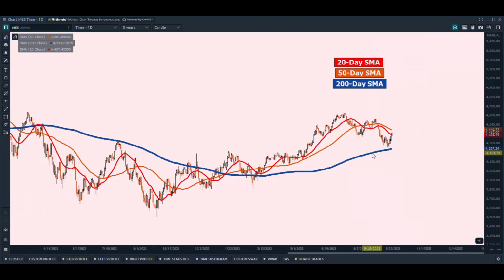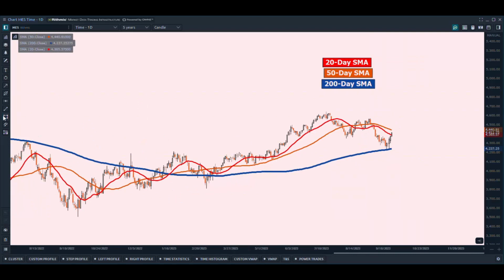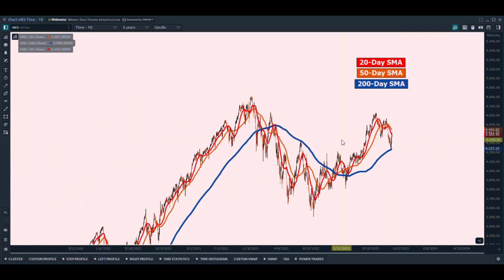You can see here on the micros that we had a perfect level of support using the 200-day SMA back in October of 2023, which is when I'm doing this video. So there is definitely a reason to use the 200-day, the 50-day, or the 20-day SMA as potential support or resistance. That's a legit way to use moving averages.